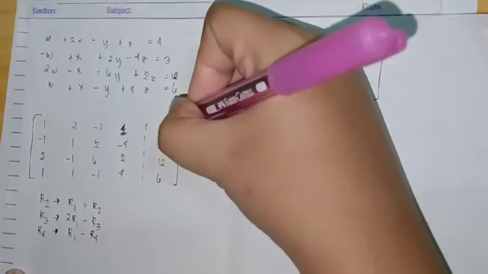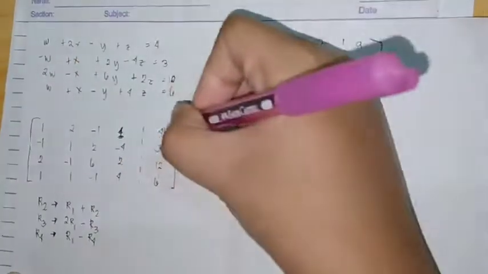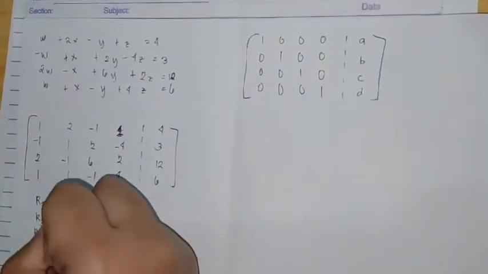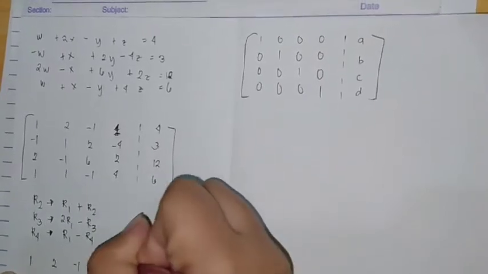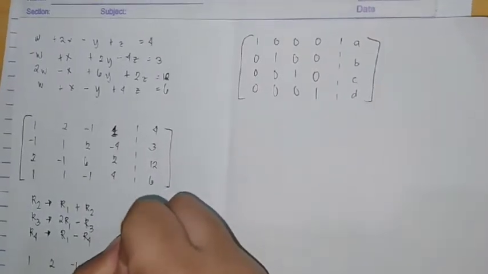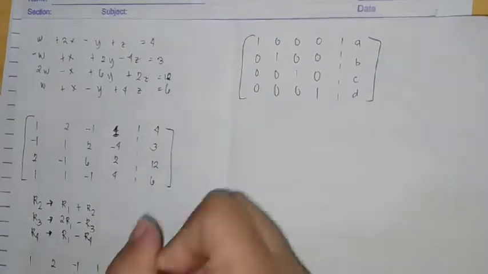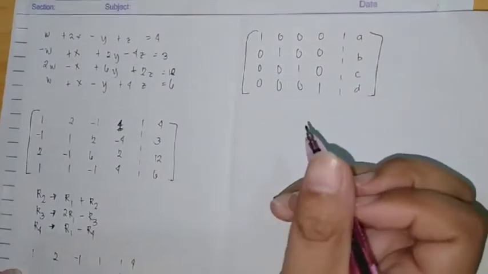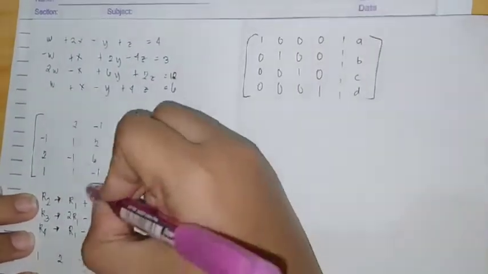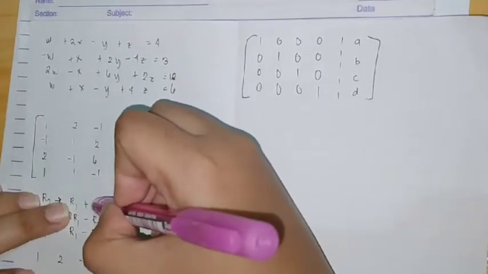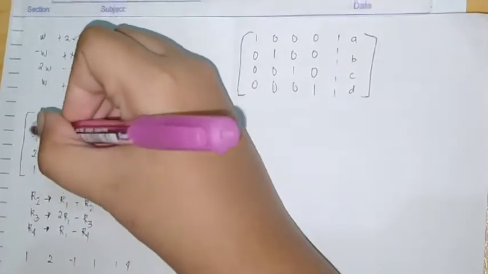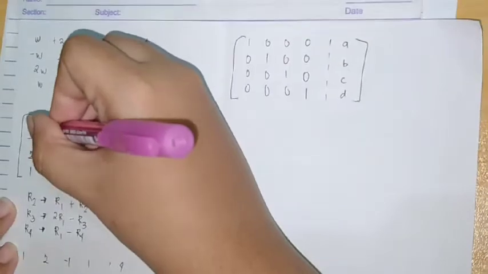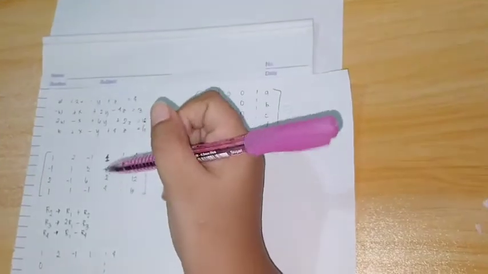First, we're going to write this first row: 1, 2, negative 1, 1, and this augment, which is 4. So for R2, R1 plus R2. Negative 1 plus 1 equals 0.